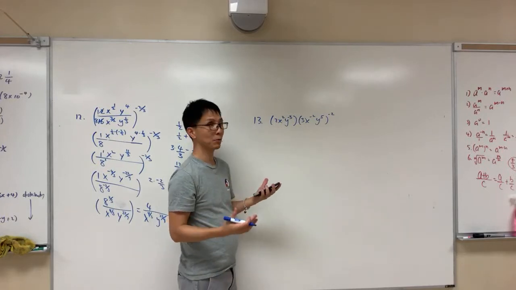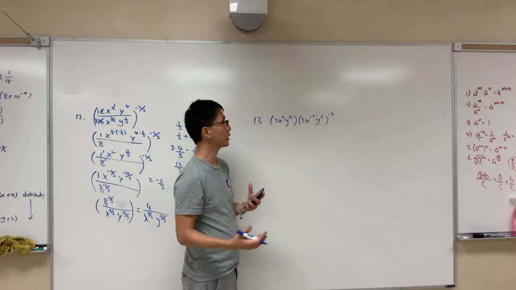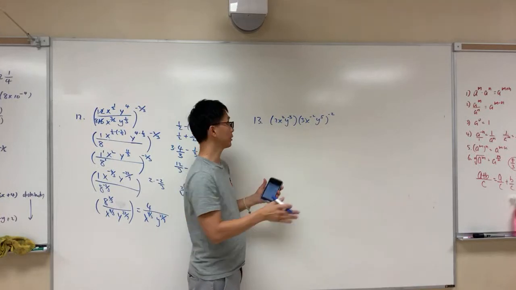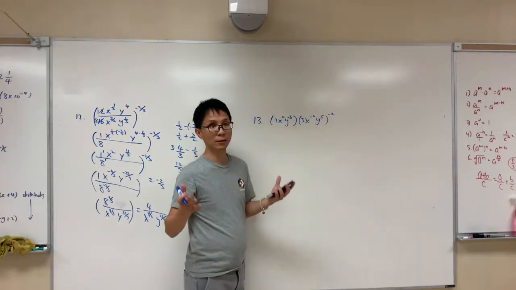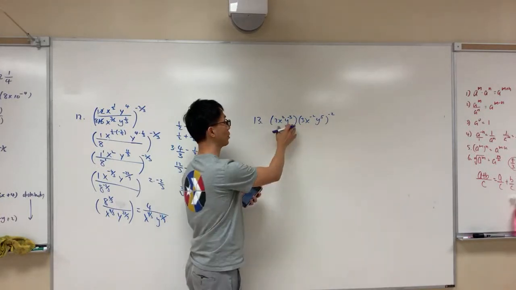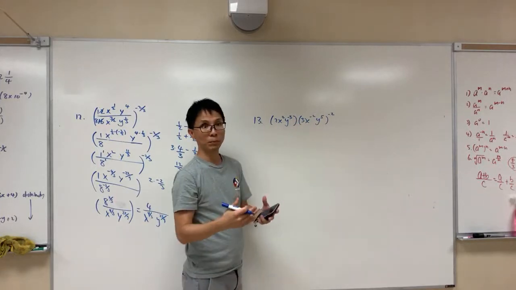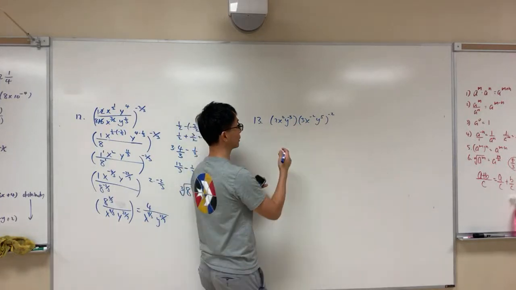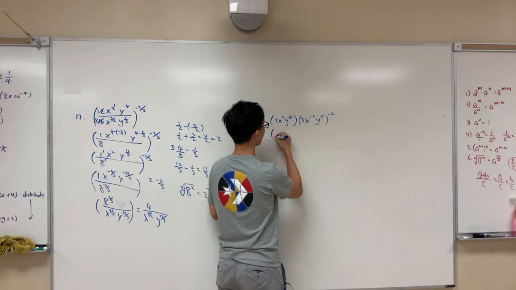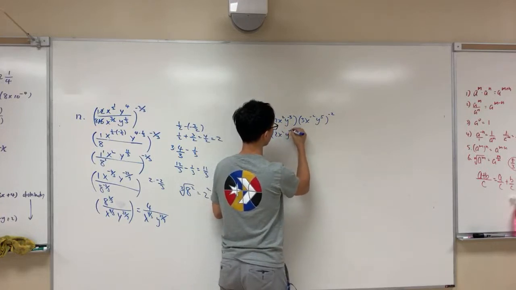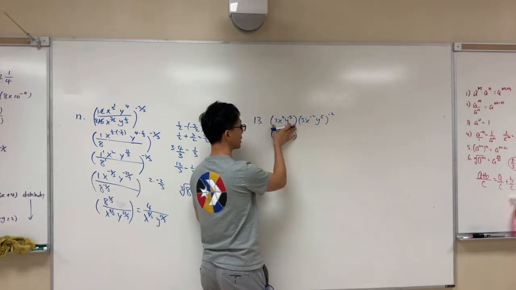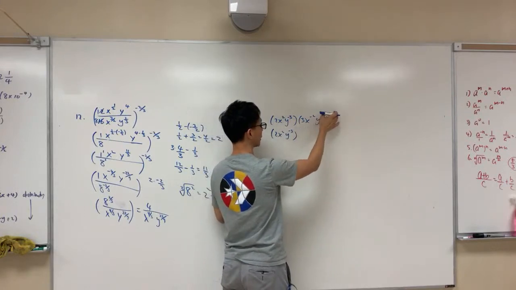Look at the PEMDAS rule, look at which one is going to take priority. Do not multiply those two together, because the priority is not straight. This is multiplication. The parenthesis exponent is going to take priority over this. So here I'm going to have 2x to the 2, y to the -3. You realize I didn't do anything on this side because I pay more attention on this side.